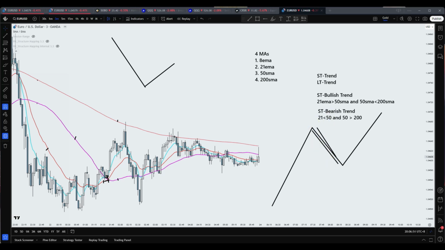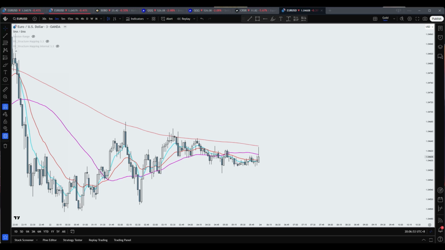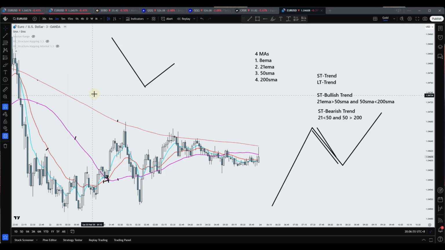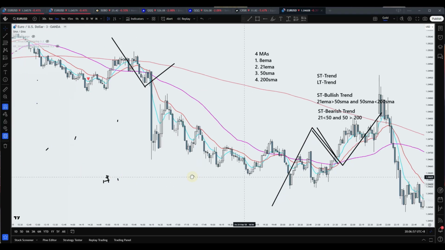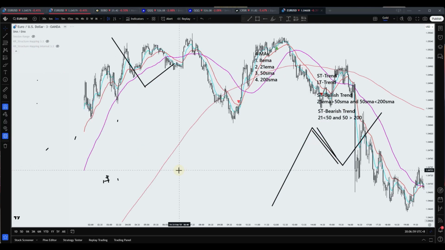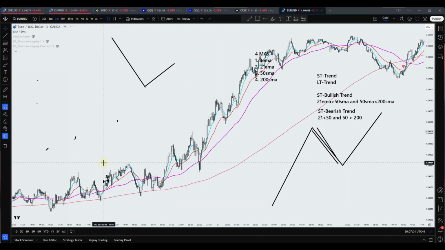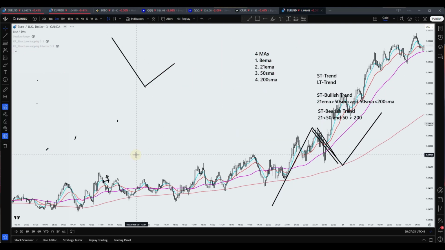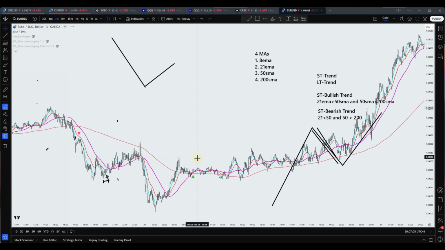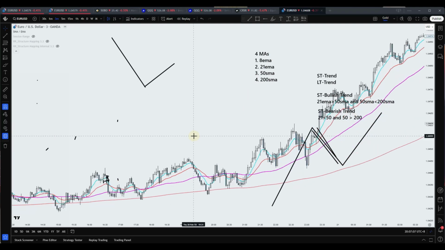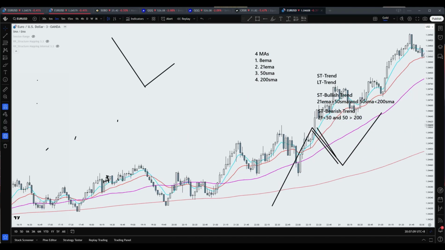So let's see this one on the chart also. Look here. Look at this one. Let me clean up something.